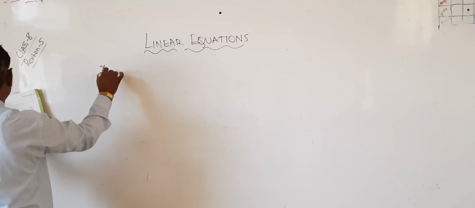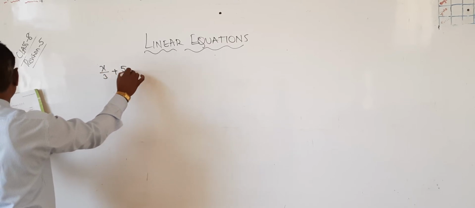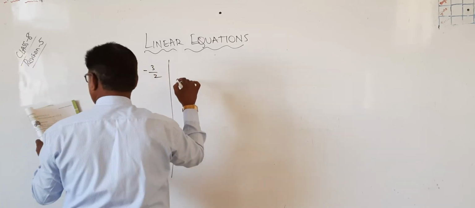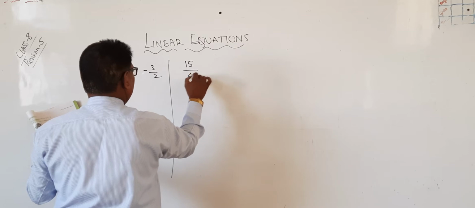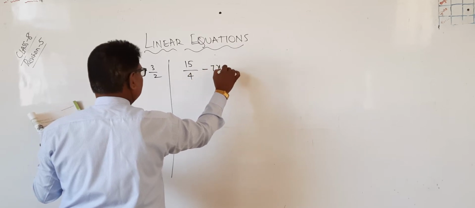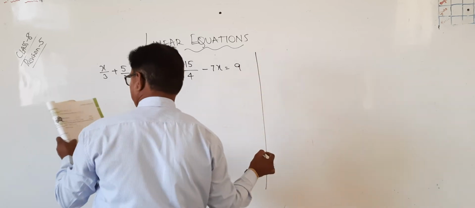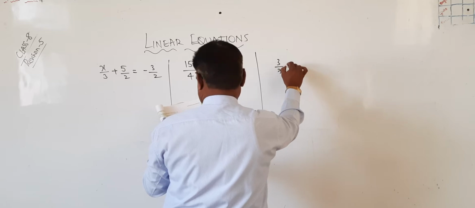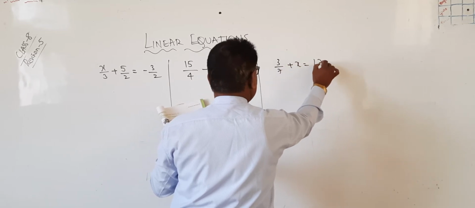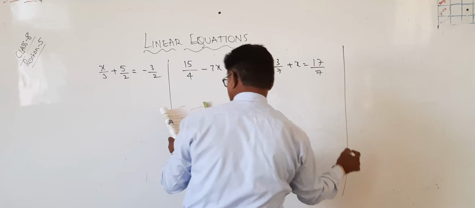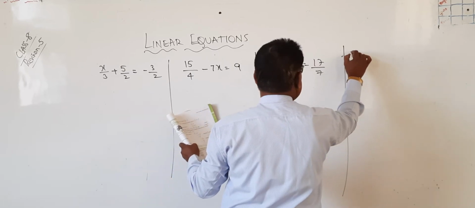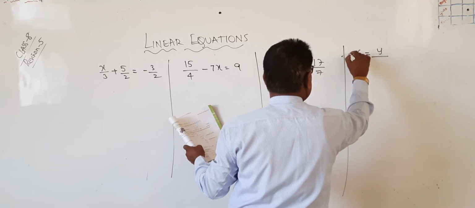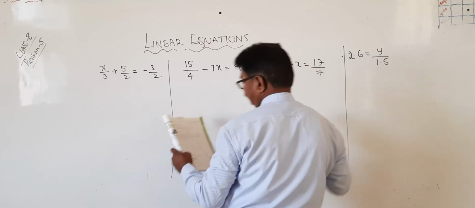x by 3 plus 5 by 2 is equal to minus 3 by 2. 15 by 4 minus 7x is equal to 9. 3 by 7 plus x is equal to 17 by 7. 1.6 is equal to y divided by 1.5.